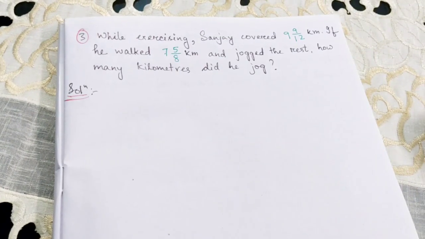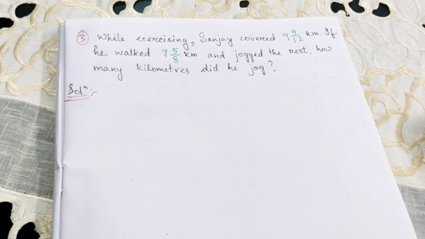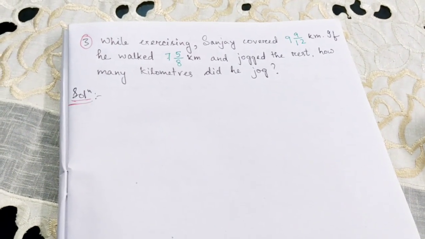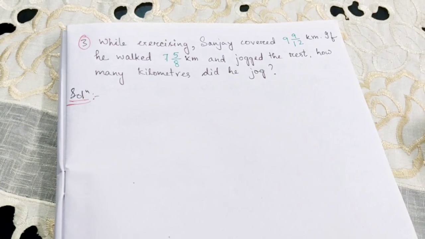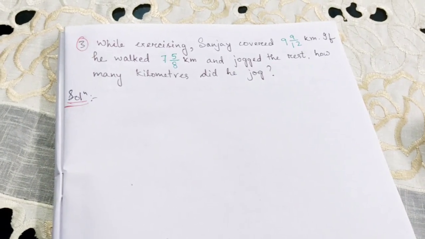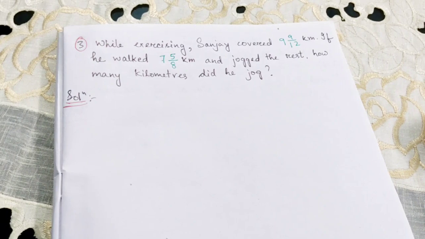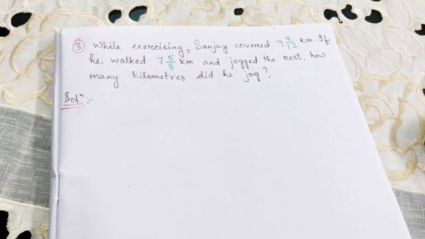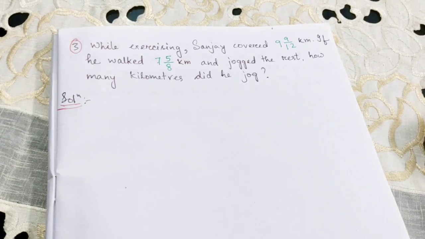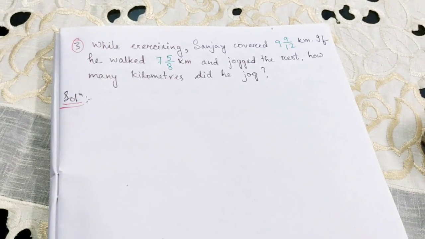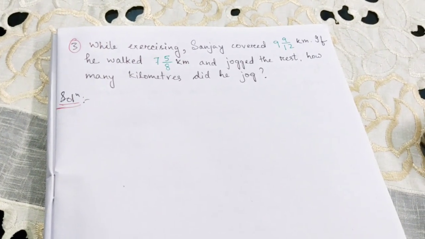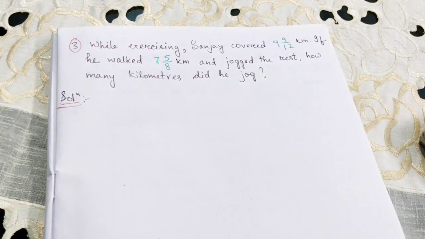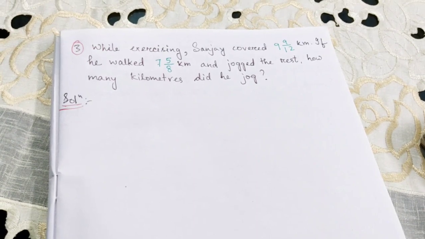Next question. While exercising, Sanjay covered 9 by 12 kilometer. If he walked 7 and 5 by 8 kilometer and jogged the rest, how many kilometers did he jog? If you read the question properly, you can see the total distance that Sanjay covered is given. The total distance that Sanjay covered while exercising is 9 by 12 kilometer.